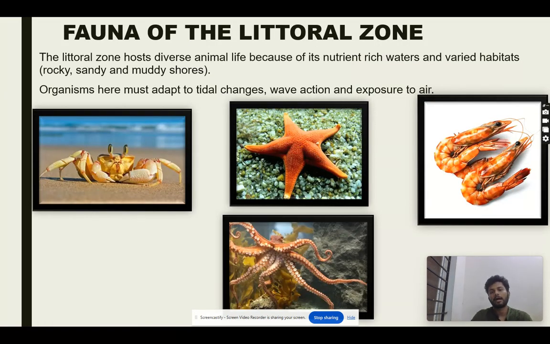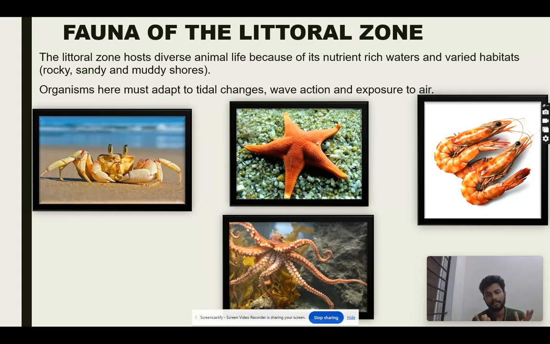Next comes the fauna of the littoral zone. The littoral zone hosts diverse animal life because of its nutrient-rich waters and varied habitats. Organisms here must adapt to tidal changes, wave action, and exposure to air. Since the littoral zone is rich in nutrients, plenty of organisms live in the littoral zone.